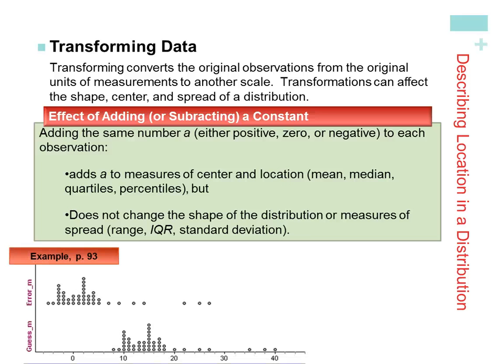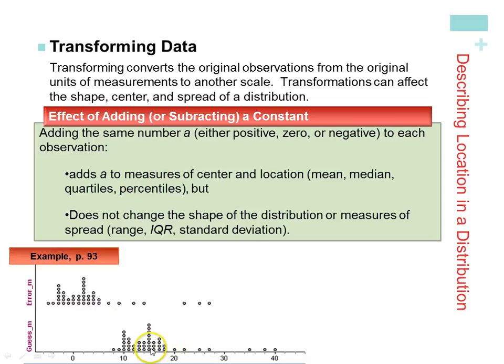Okay, and so here's an example on page 93 that walks you through this. That gives you a better idea of transforming. I think this was trying to guess how wide the room is in meters. You can read that example and figure out where the dot plots came from. But when they plotted these, you can see that everything just shifts.